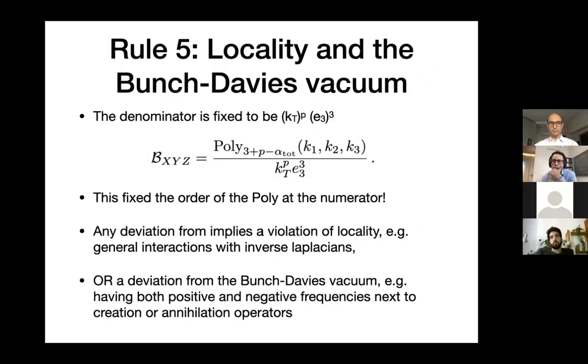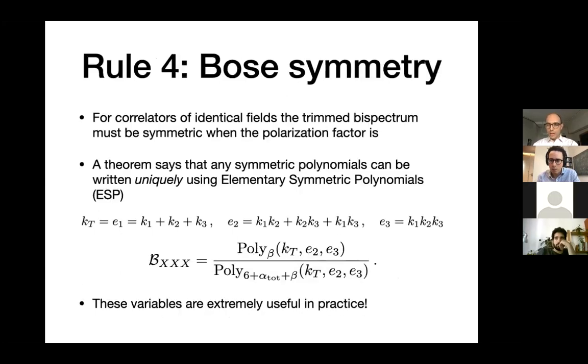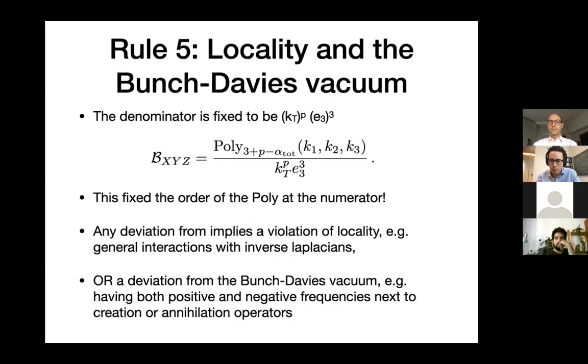Rule number 5, locality and the Bunch-Davies vacuum. This is also very powerful because it fixes the denominator in this rational function. It says that the denominator can only be either k total to the power p, as we have seen before, and that's the total energy pole, and a factor of E3 cubed, which is k1 k2 k3 cubed. And that just comes from the normalization of fields from a bulk perspective.